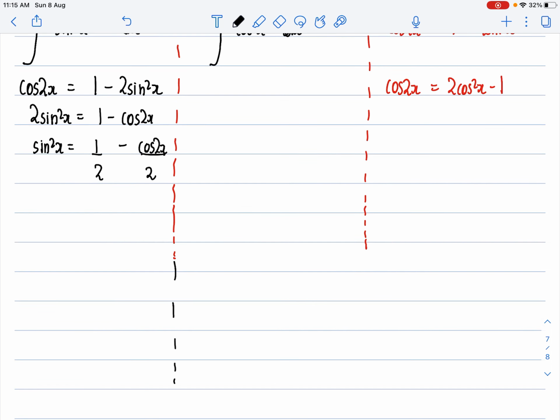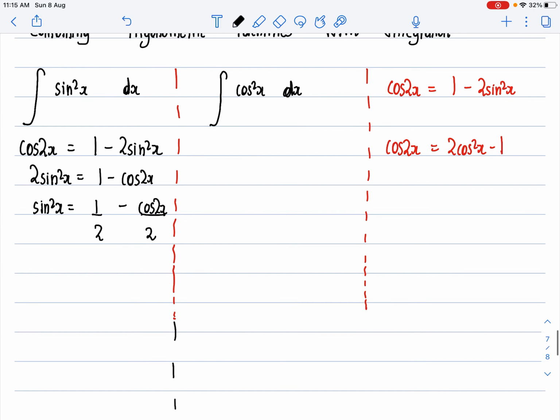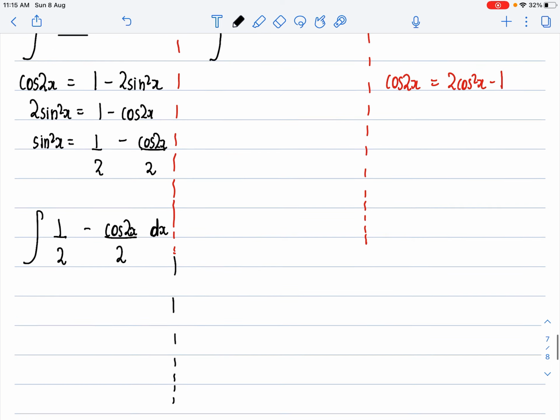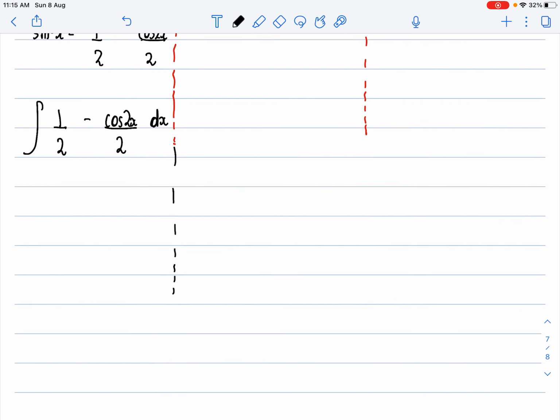Now what I can simply do is, in the place of sine square x here, I can simply substitute 1 over 2 minus cos 2x over 2 dx. Okay, so now I have the integration of 1 over 2, which is simply 1 over 2x, minus, what is the integration of cos?